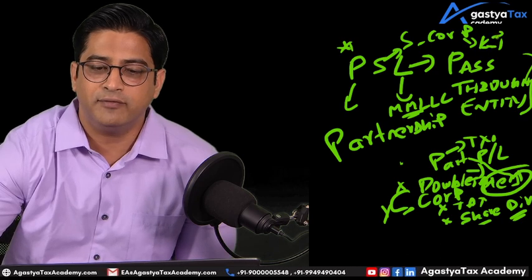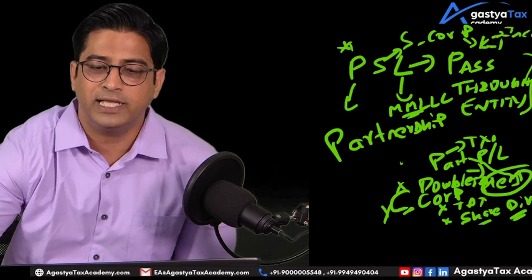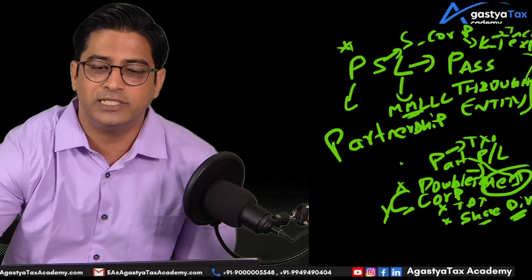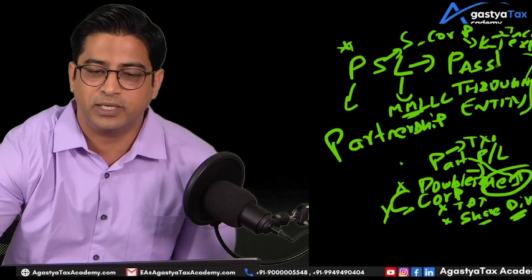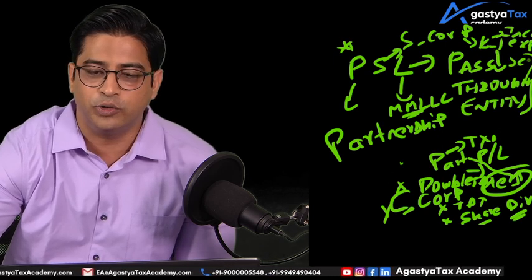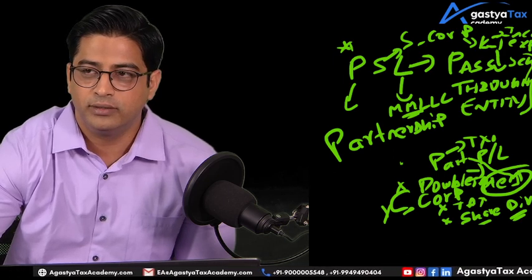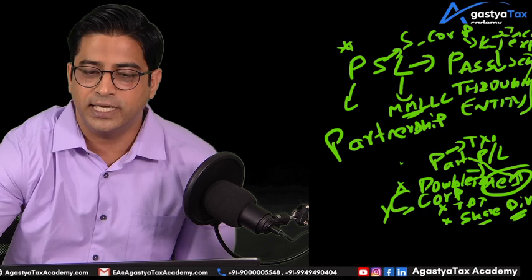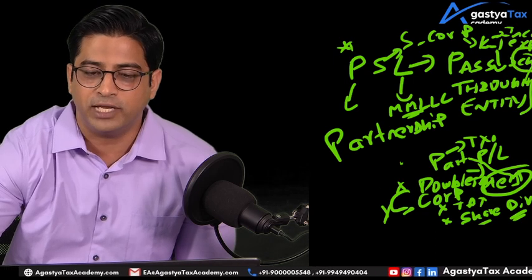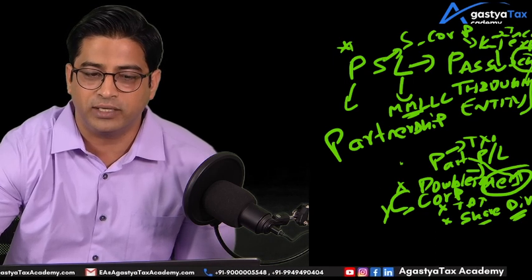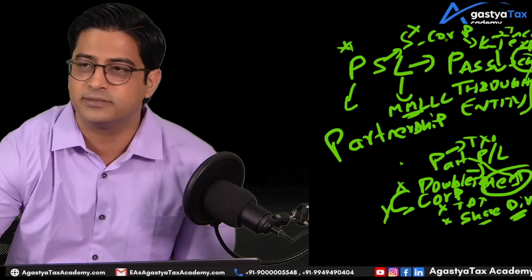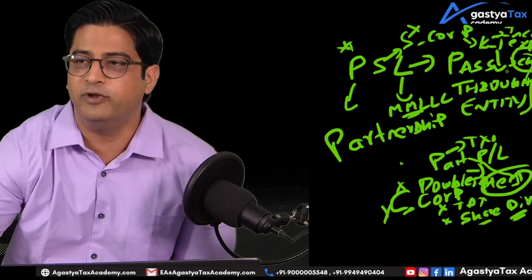The K1 will have the income and expenses. This K1 will flow to their Schedule E on the individual return. So the shareholders will file Schedule E as part of Form 1040. So this S corp will not pay any tax. Only the individual will pay the tax.